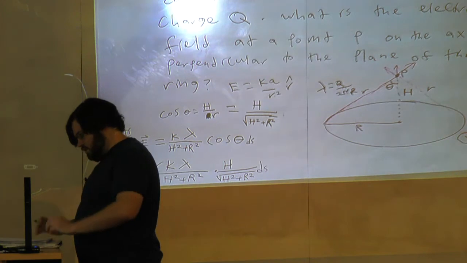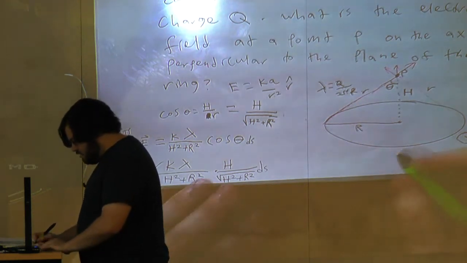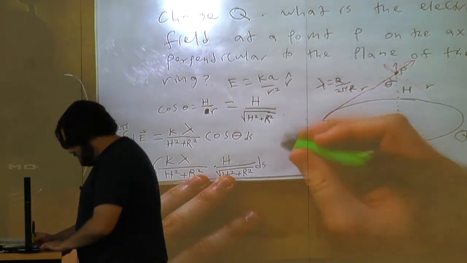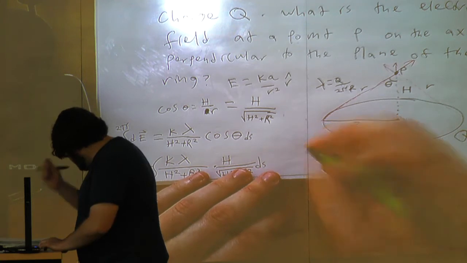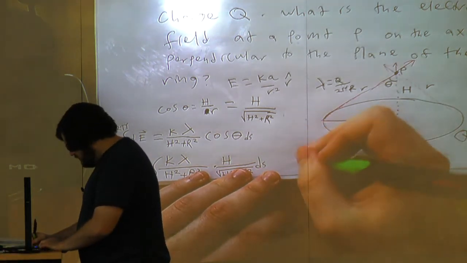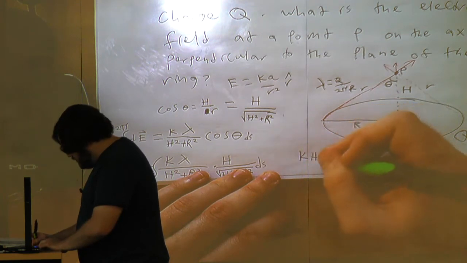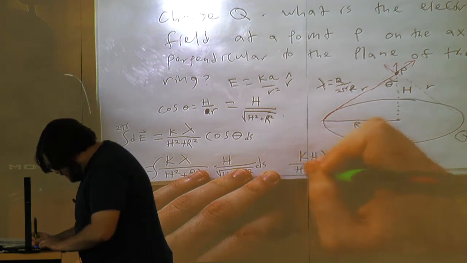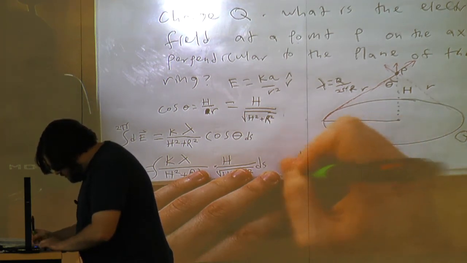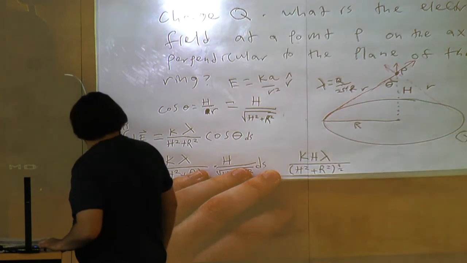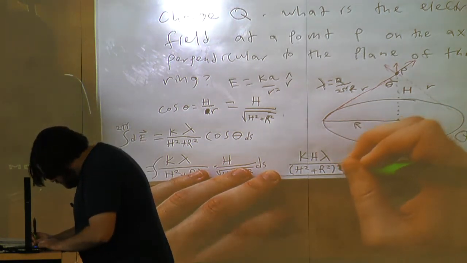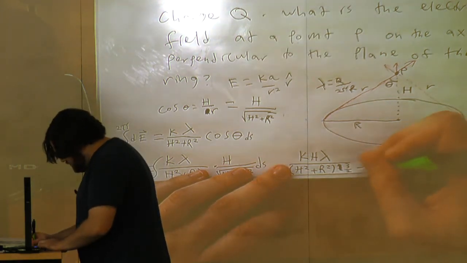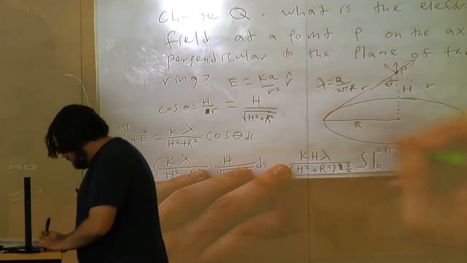The good news is that we can actually pull out basically everything that's in here because these are not actually changing with respect to position. So what we're going to end up getting is this: K h lambda over h squared plus r squared to the 3 halves, times s from 0 to 2 pi.